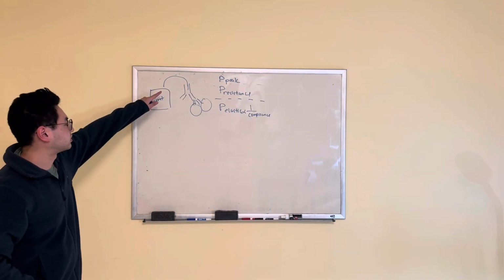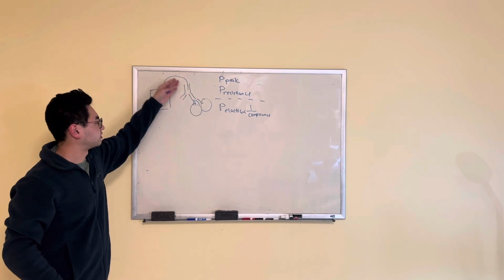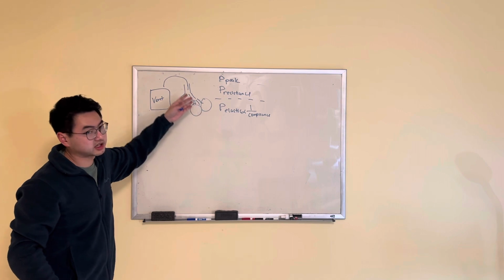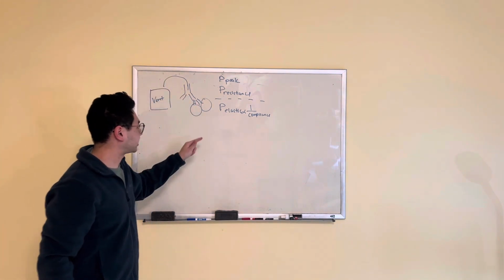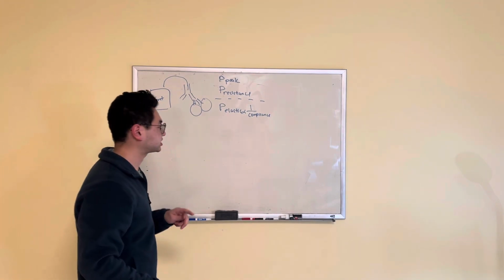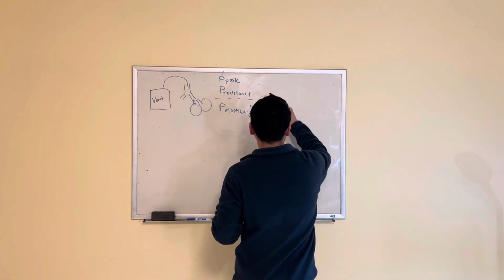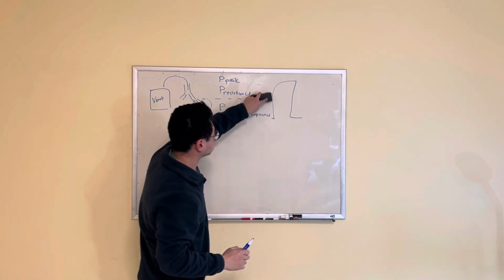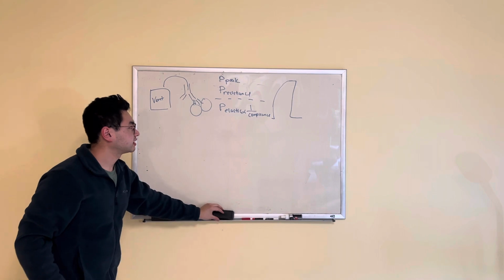So you can think of the total pressure in the system as a sum of the pressure of the resistance, things that cause the airflow to not move as well, and the elasticity, which is the inverse of the compliance. So in a pressure diagram that you would see on the ventilator, you would see something like this on normal inspiration. This would look more like a shark's fin, right?